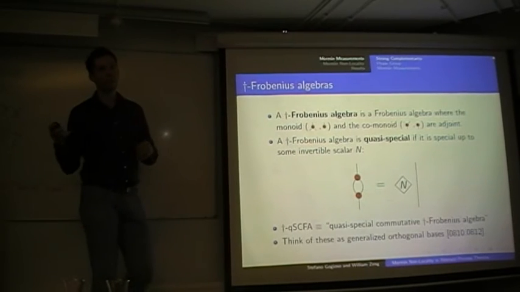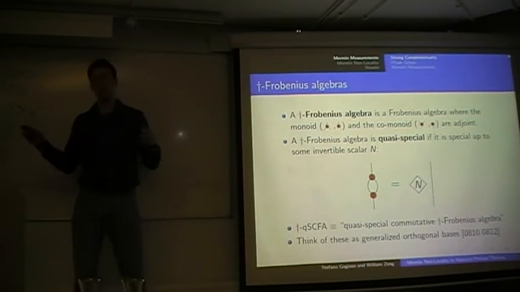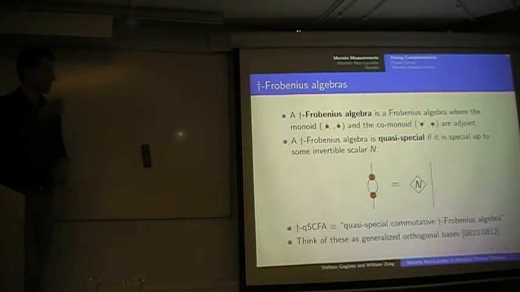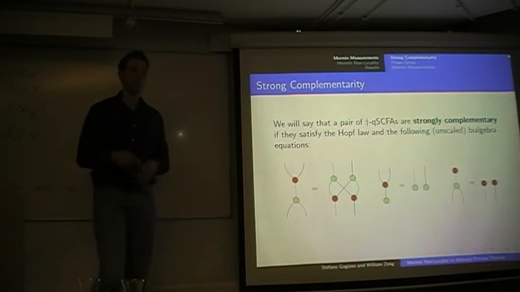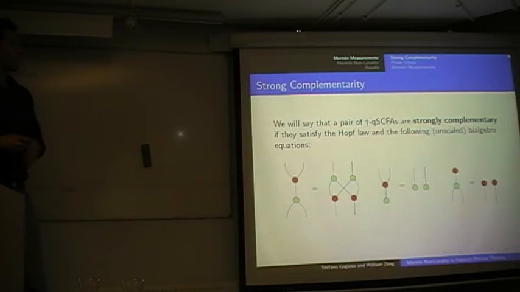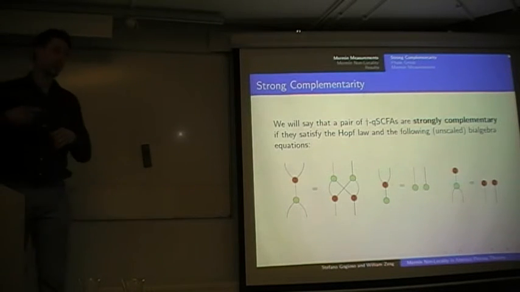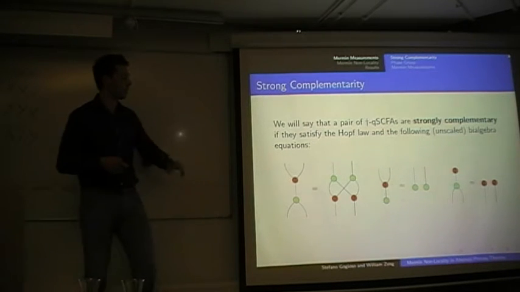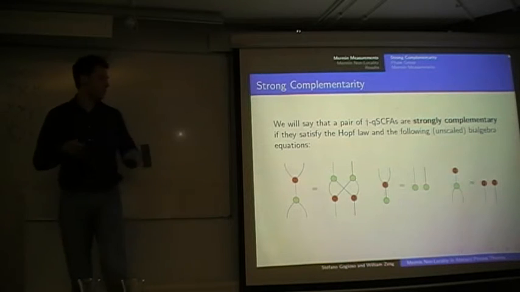So we can think of these as generalized orthogonal bases when we lift them up from FHilb over to abstract process theories. So now we can also talk about complementary bases. That would be complementary or strongly complementary dagger quasi-special commutative Frobenius algebras. They satisfy this thing called the Hopf law, and they form an unscaled bialgebra equation.